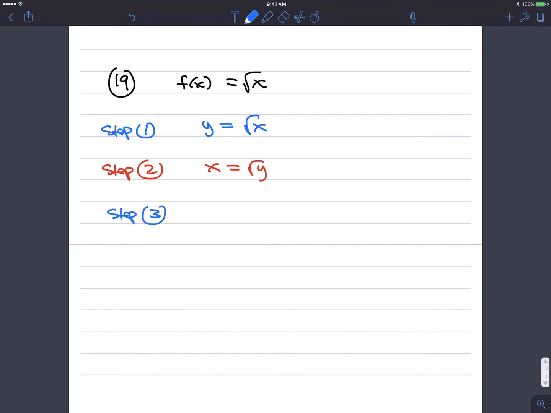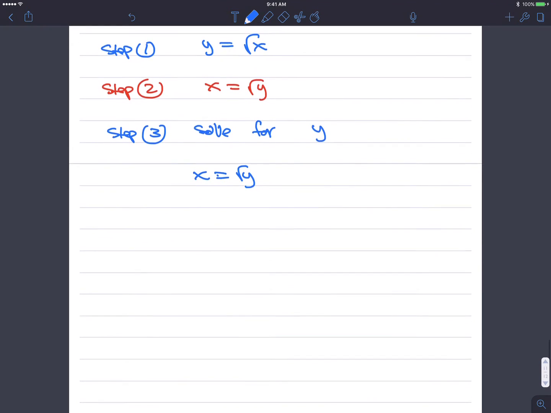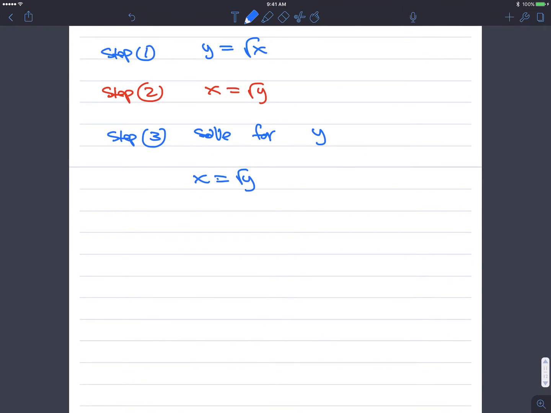Step 3. Solve for what? y. We got the equation x is the square root of y. Do you guys know how to solve this for y? Good. What do you do? Square both sides. Outstanding. What do you get? X squared is, what's the square root of y to the second power?